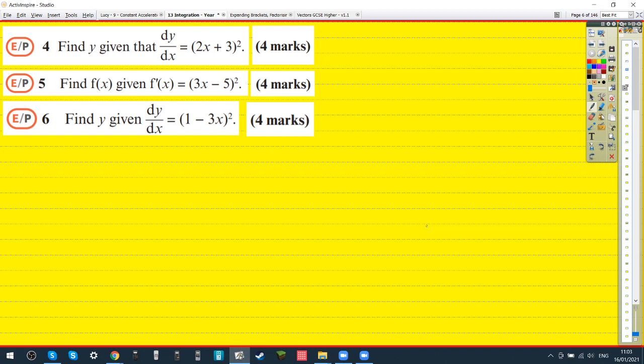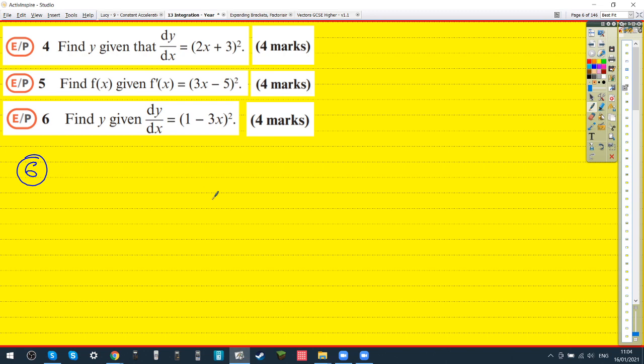This is what the exam questions look like. Okay. Let's just pick one. Let's just do the last one. So do we expand the brackets? Yep. Would minus 3x times minus 3x be 6x squared?